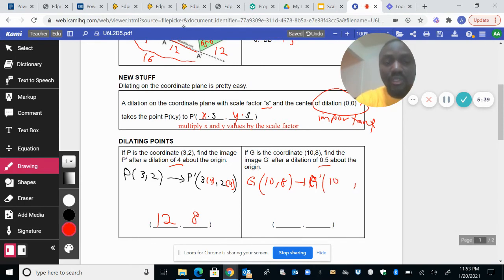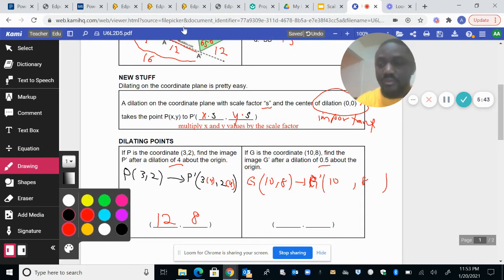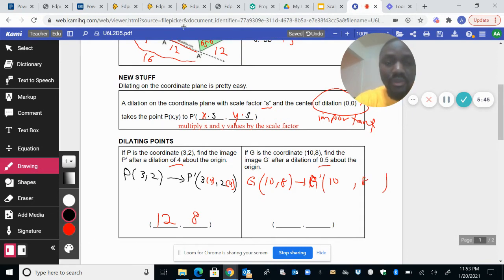We're going to multiply both of them by the scale factor 0.5. What's 10 times 0.5? 10 times half is what? 5. 8 times half is what? 4.